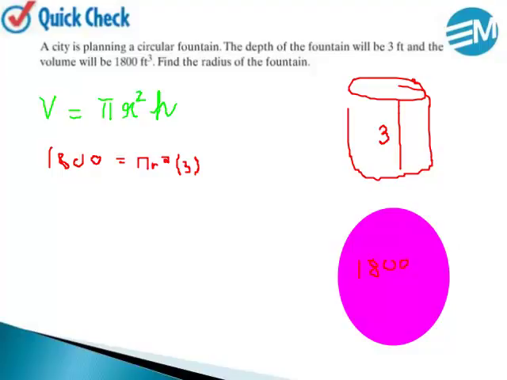Then it's the same as 1800 divided by, right, we can divide it by 3, essentially. So 600 equals pi r squared.